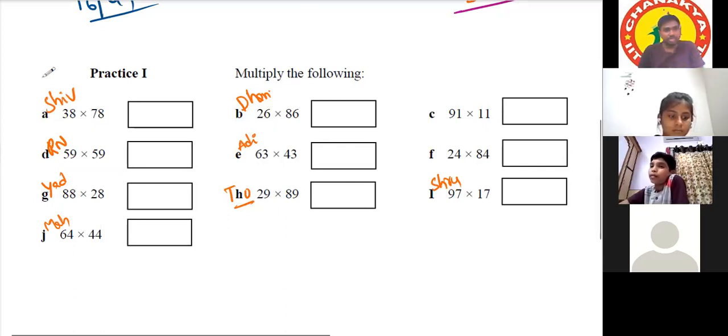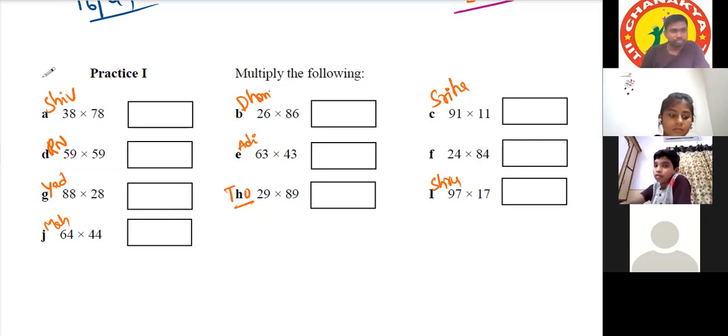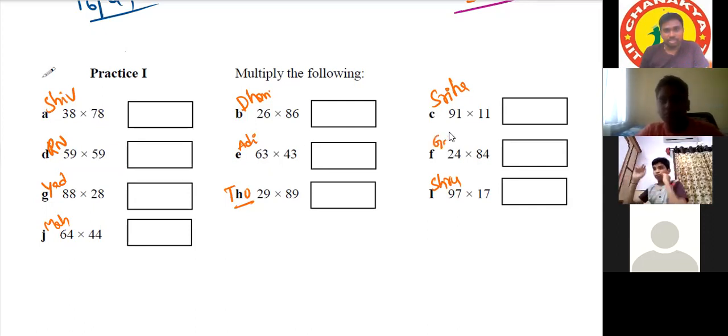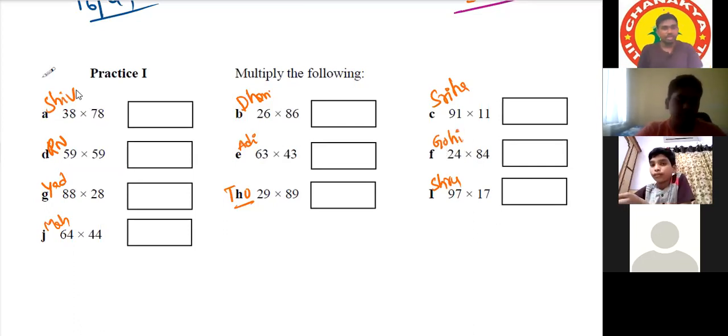Okay, C. Rohit, you can also take one question. F is the only one left, but you can explain it last. Okay, I'm writing your name for F. After explaining all the questions, you can explain it last. Okay, sir. Start C with Shobra now. Ready?